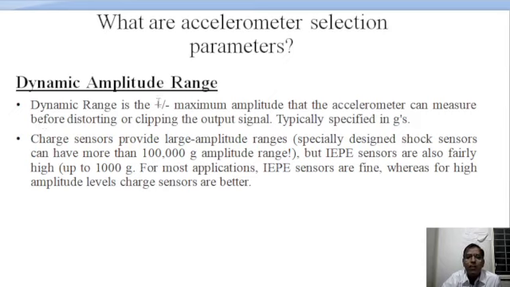Typically for charge sensors, the dynamic range is up to 1 lakh G, that means 1 lakh into 9.81 meter per second square. But for IEP sensors, the maximum amplitude is 1000 G.